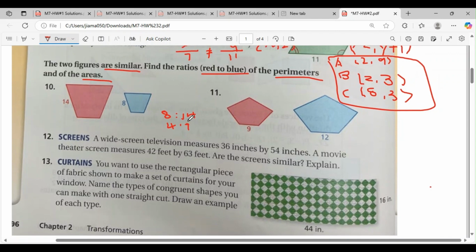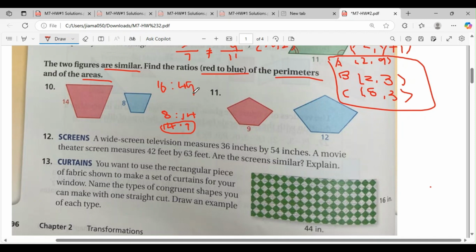So the ratio of their perimeters is also 4:7. And the area ratio is calculated by the square of the ratio. 4 squared is 16. 7 squared is 49.